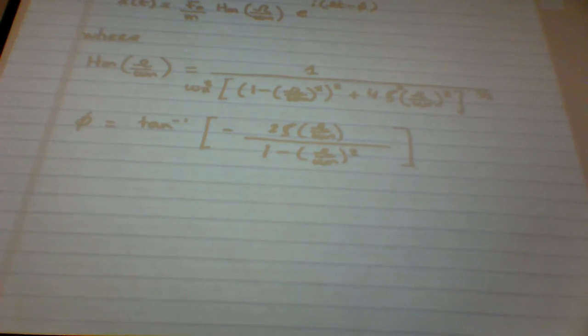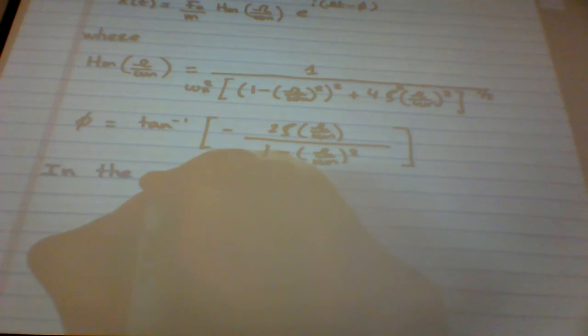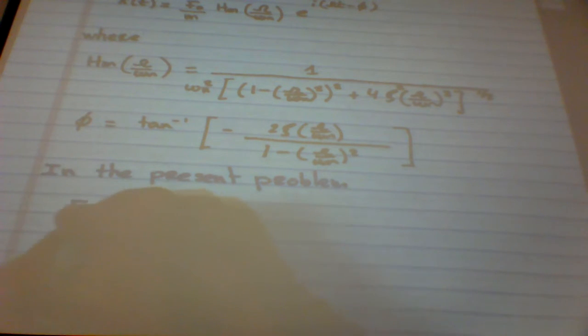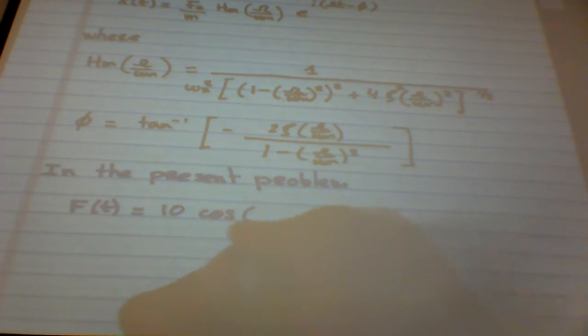Okay, so I know this is a complicated expression, but we can say in the present problem, f of t is equal to what? 10 cosine 5t, no? So the function of the cosine.